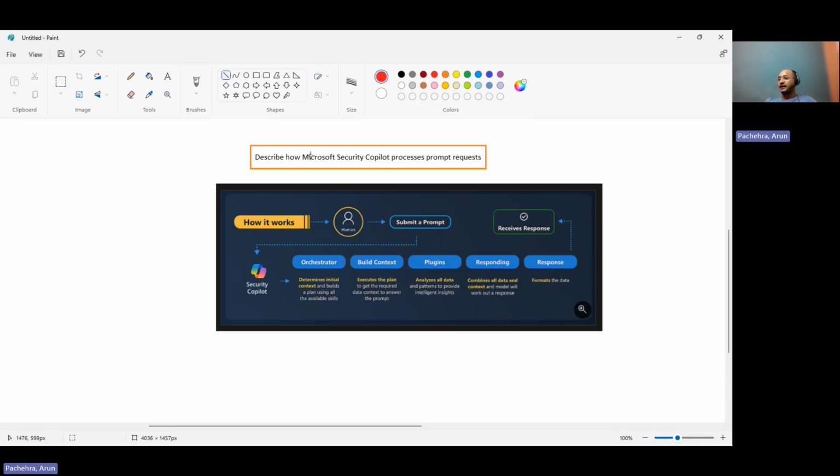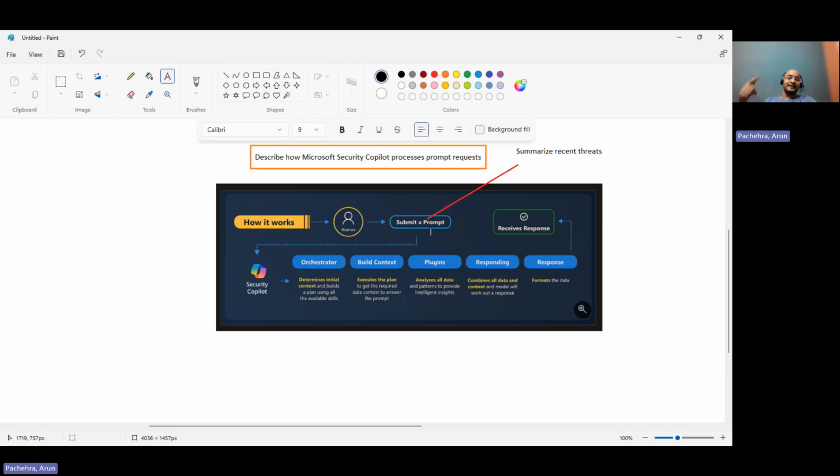So for example, a very simple thing: summarize the recent threats. Okay, very simple, right?